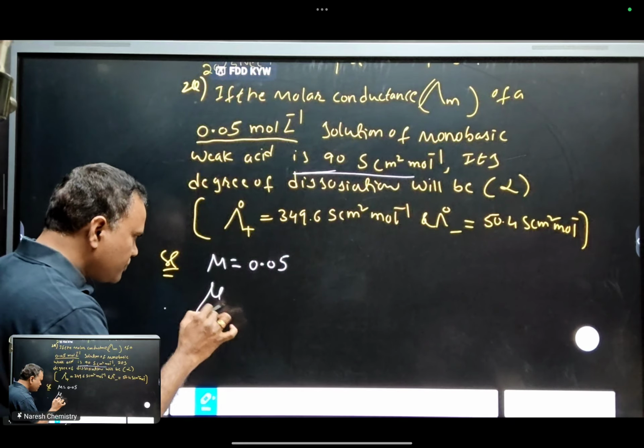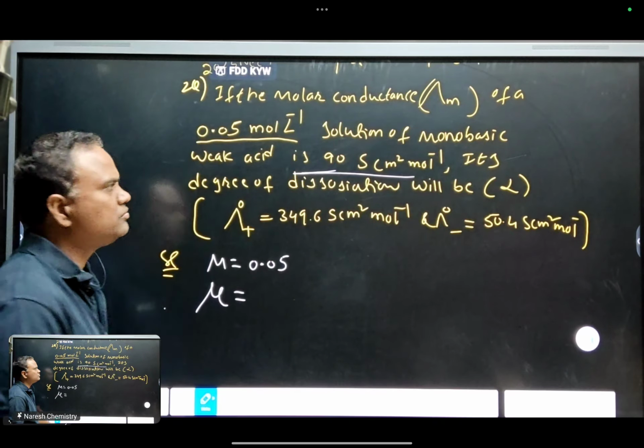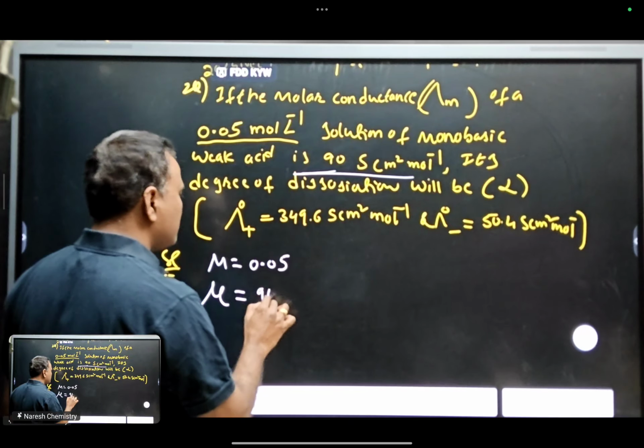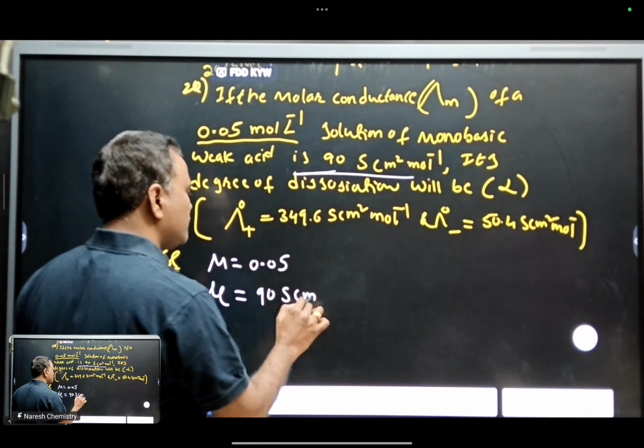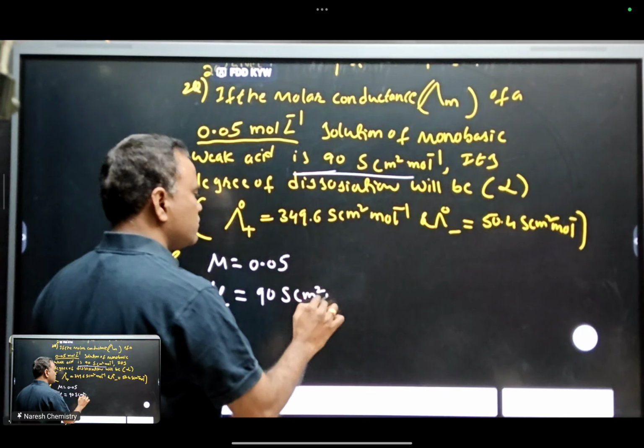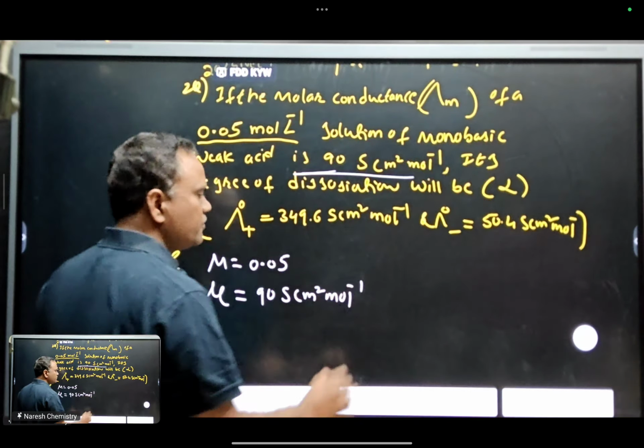Now write mu as 90 ohm inverse centimeter square mole inverse. Siemens is nothing but ohm inverse.